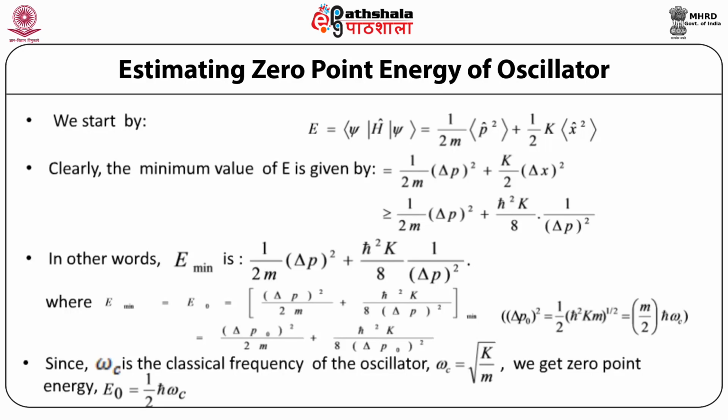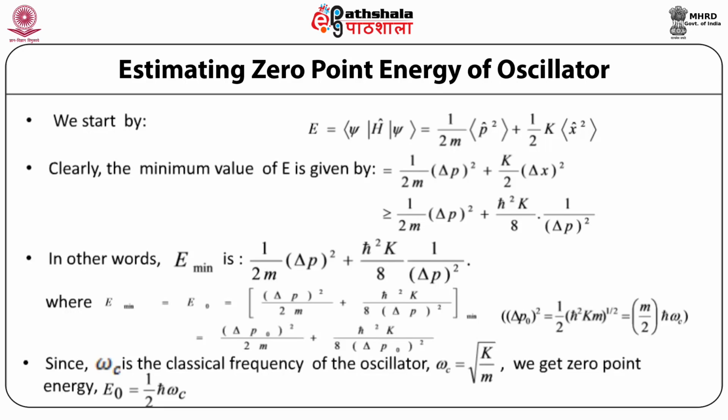where the E minimum is equal to E0, the 0 point energy of the oscillator, and this can further be written as delta p square by 2m plus h cross square k by 8 times delta p square minimum, where the expectation value of the square of the operator x has been written in terms of the delta p square.